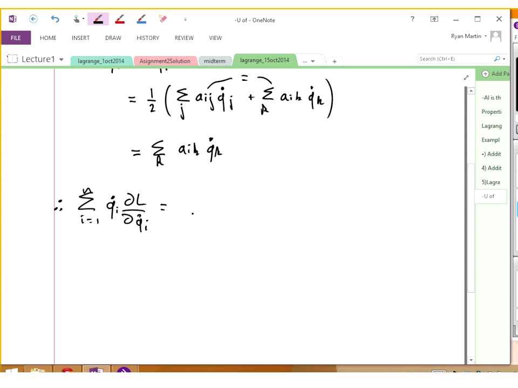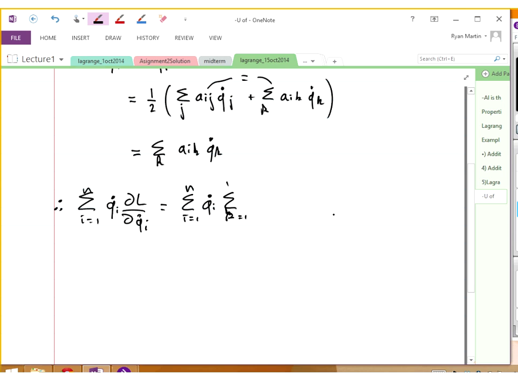That's the sum of I equals 1 to N of Qi dot times ∂L/∂Qi dot, which was equal to the thing we just have here above, the sum of K equals 1 to N of A_ik Qk dot.